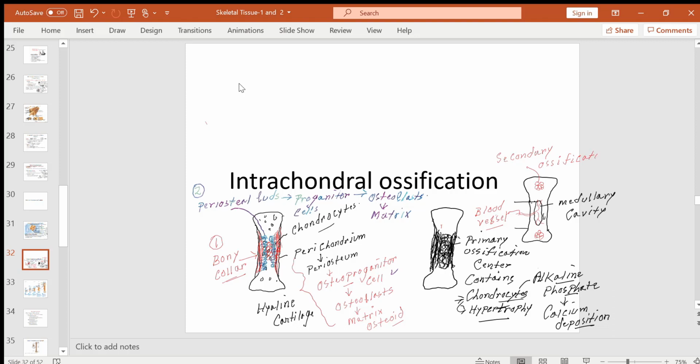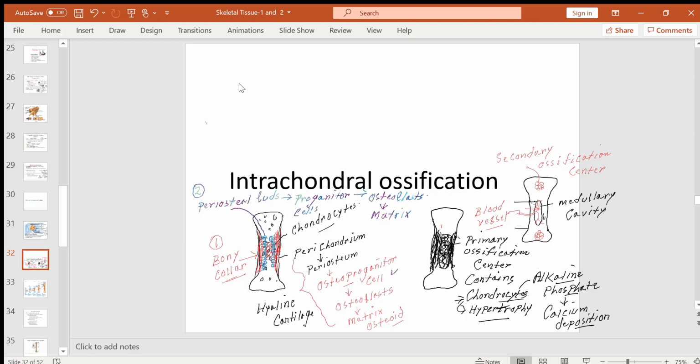How many? Two. Primary was formed in the center of the shaft, right? And secondary are two. They are called secondary because they come after the primary, later.